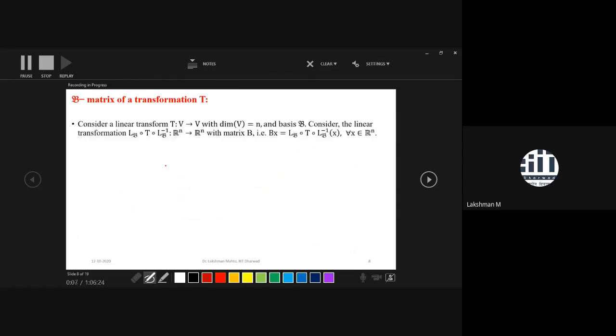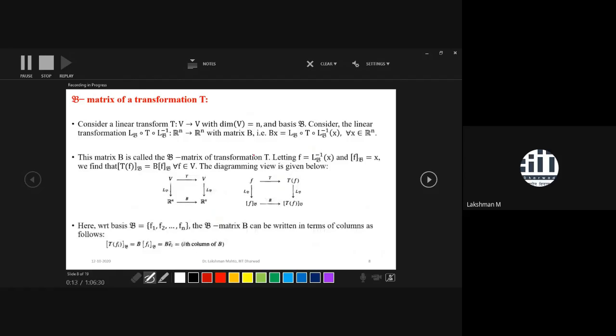Again, I have generalized the same thing and given a pictorial view of it. So what is the matrix of the given linear transformation with respect to basis beta? The first column is the coordinate of the image of f1, and the nth column is the coordinate of the image of fn. That is the criterion.